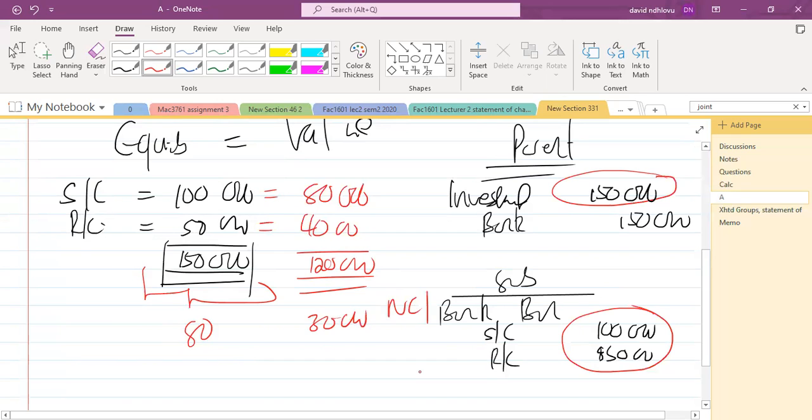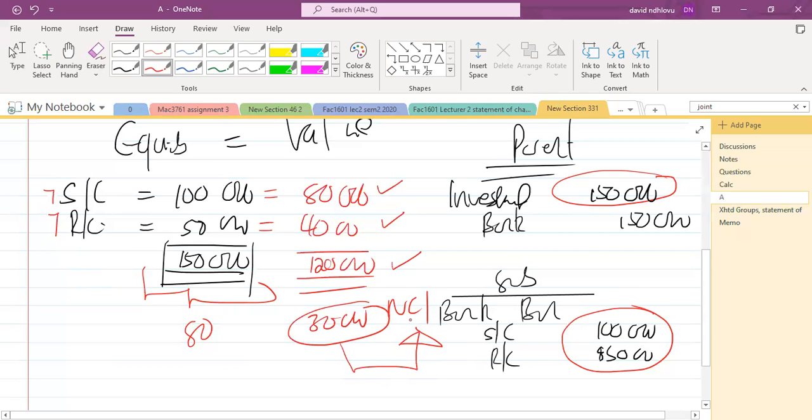So what will be common here? You will pay 120. What will be common is the investment of 120 against the share capital 80 and 40,000 in retained earnings. The 30,000, remember, is initially captured in the books as share capital and retained earnings. You need to reclassify it to NCI. You need to change its name to NCI.